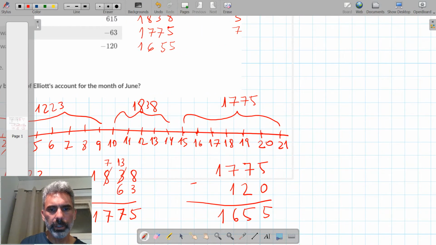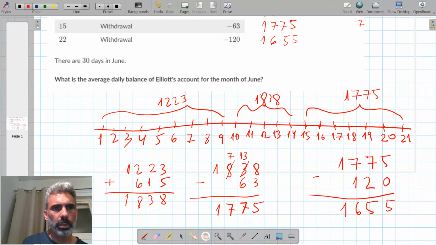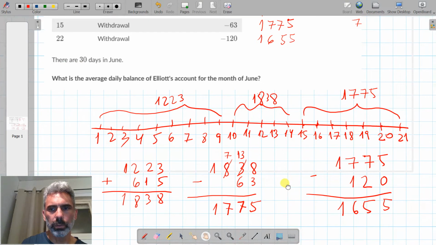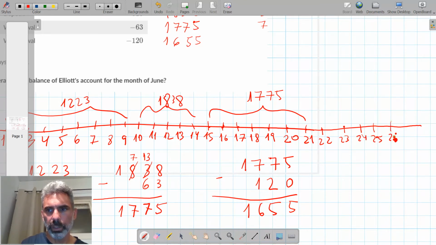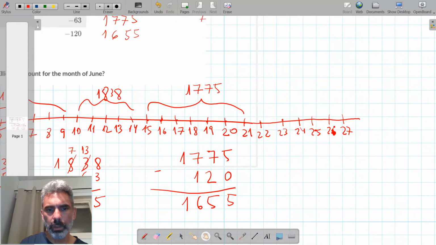And there are 30 days in the month of June. It's also known that June is a month of 30 days. So we will have June 22nd, June 23rd, June 24th, June 25th, June 26th, June 27th, June 28th, June 29th, and June 30th.